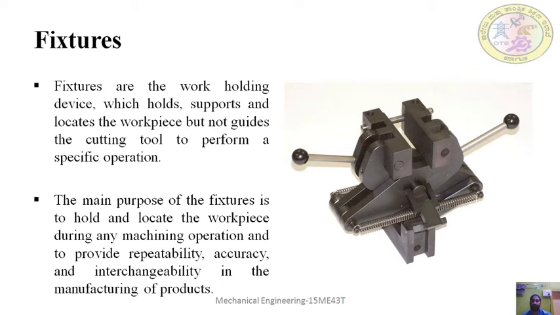So remember, fixtures are not used to guide the tools, whereas jigs hold, locate and also guide the tool. All the operations done by the jig are done by the fixture, except guiding the tool.